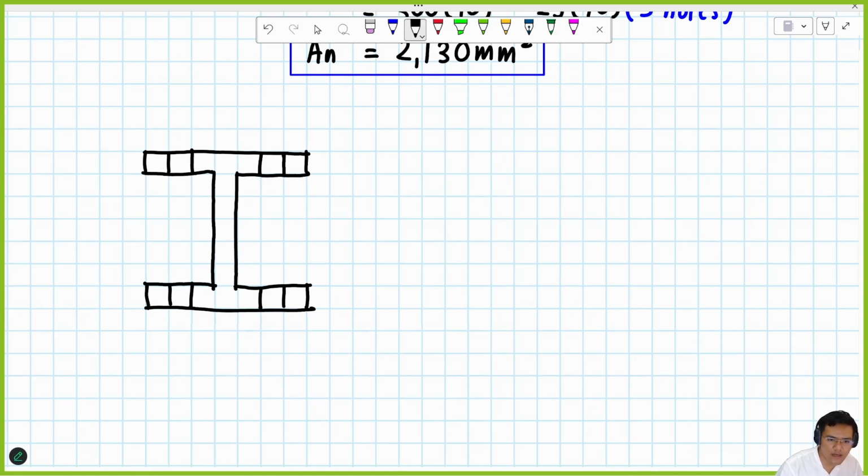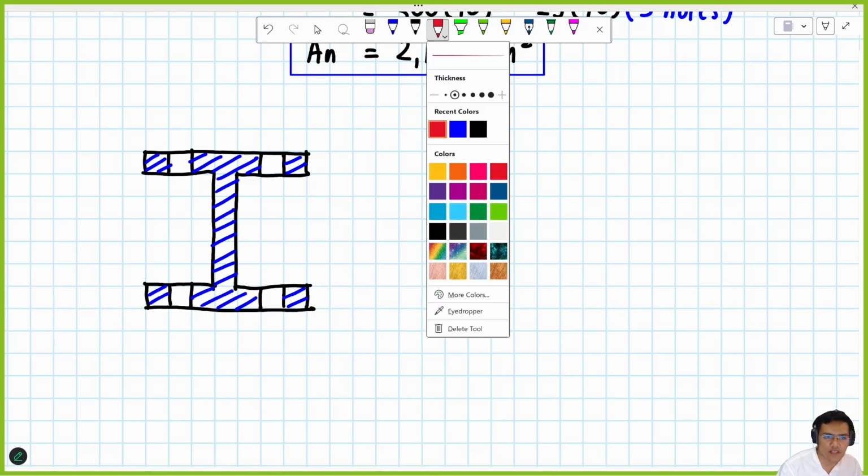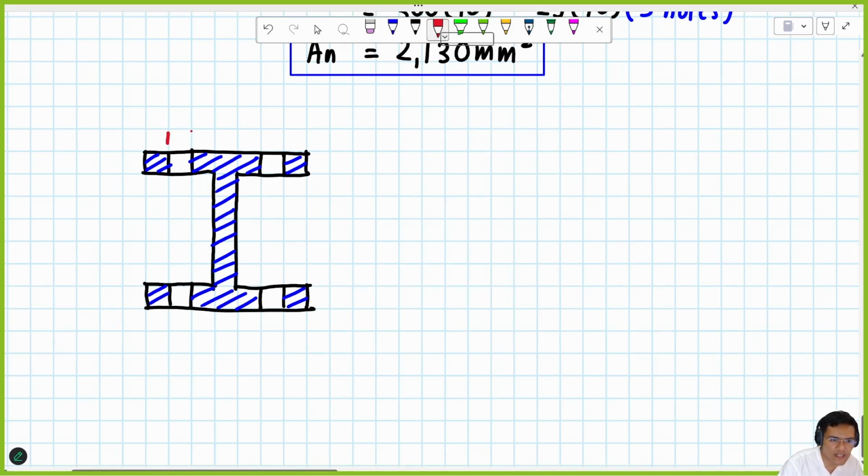And yung kailangan nating area, net area would come from this shaded area na to. Ito yung included sa net area. Mag-resist ng applied load. Okay, yun yung description ng ating net area. Now, the thing is, meron na tayong na-define na diameter of hole. And diameter of hole natin, andito sa flange.